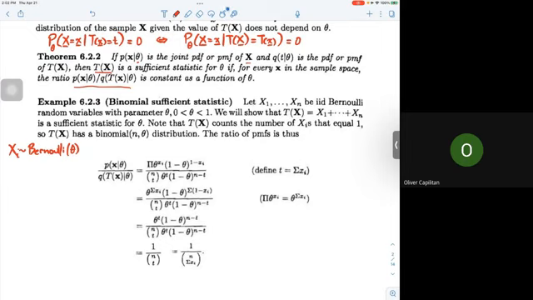We know that the PMF of this x sub i, pwedeng ganun. Pwede din ganito yung kanyang pagka-express ng kanyang PMF, would be equal to theta raised to x sub i times 1 minus the probability of success raised to 1 minus x sub i, where the value of x sub i is either 0 or 1. Yan ang support niya, no?